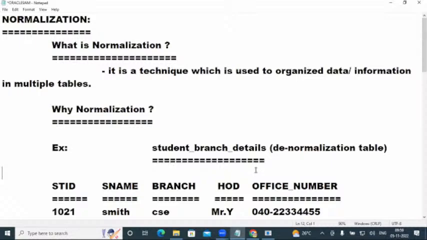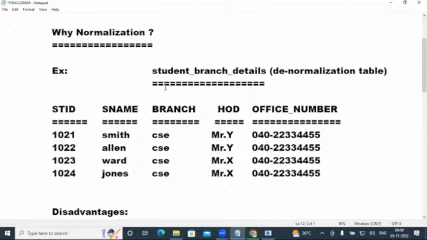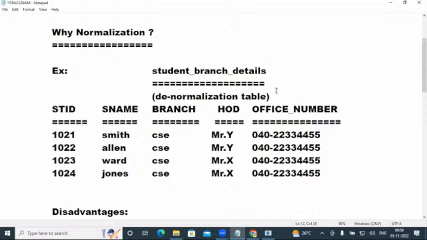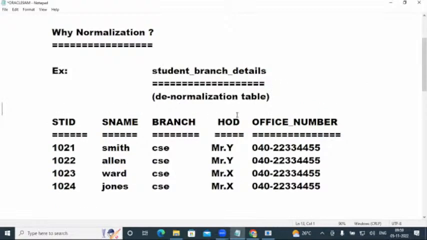And take these examples also, because you can easily understand them. And this is your denormalization table.